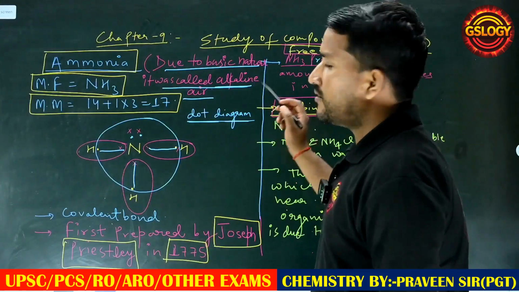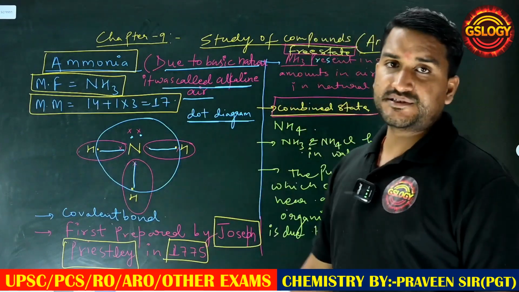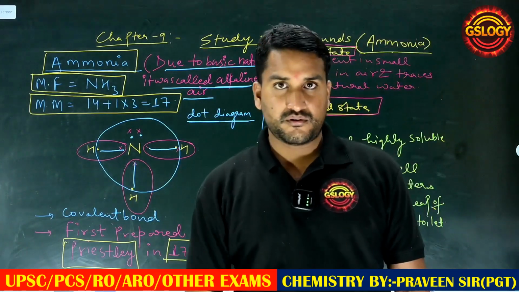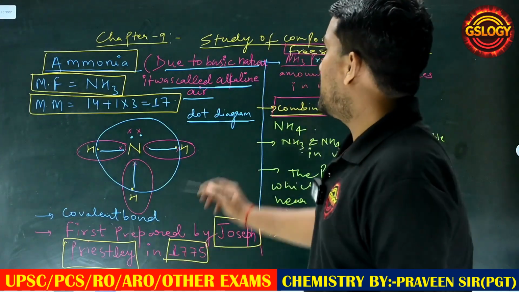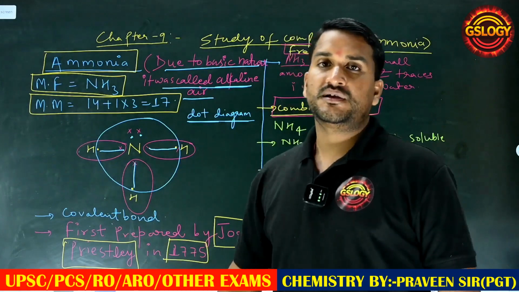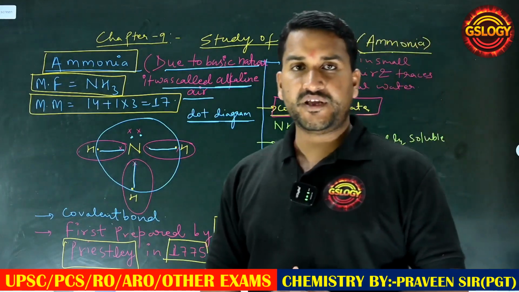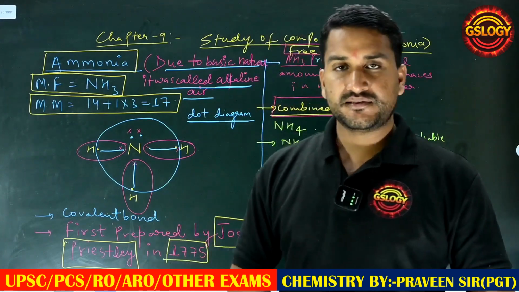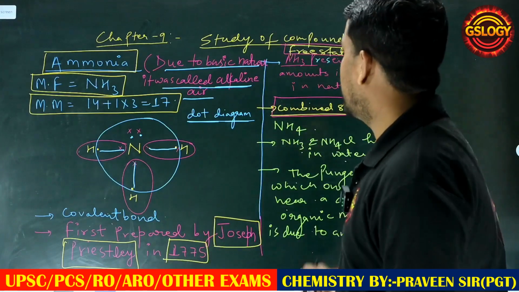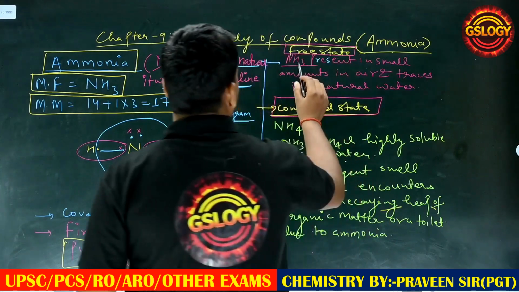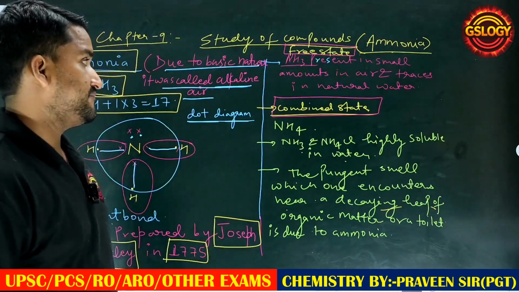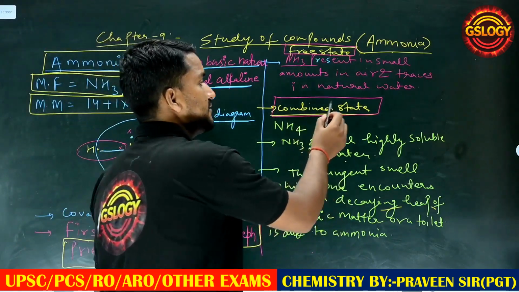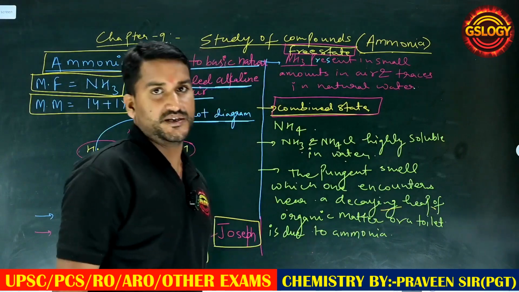Next topic is the occurrence of ammonia. You know very well, ammonia compounds are found in the free state as well as the combined state. In the free state, ammonia is present in a small amount in air and in traces in natural water.